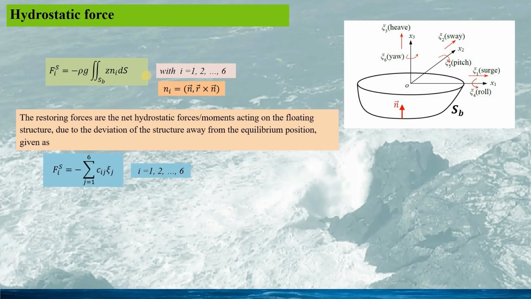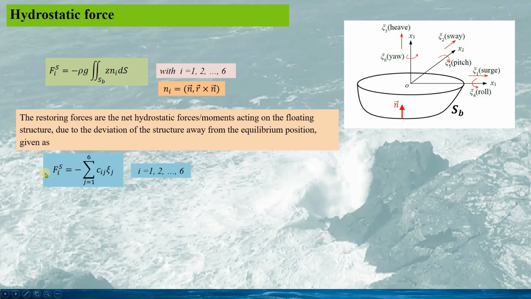However, in the analysis of the wave structure interaction, due to the motion of the structure, there will be net hydrostatic forces given as this, which are caused by the structure motion ξj. It is the deviation of the structure away from its equilibrium position.